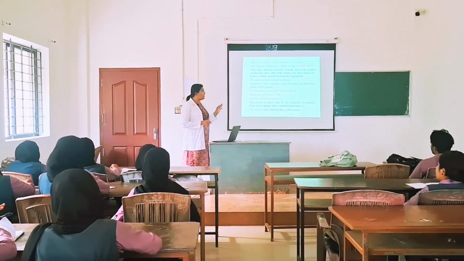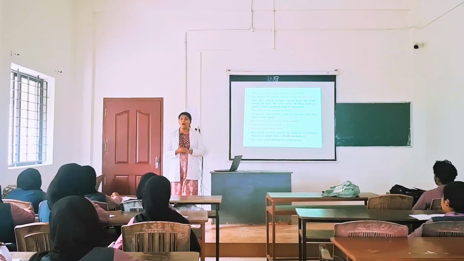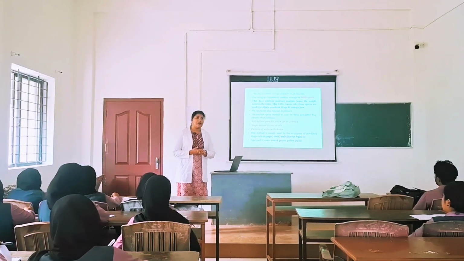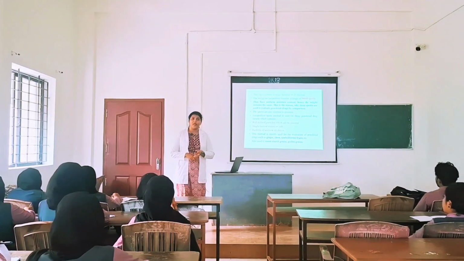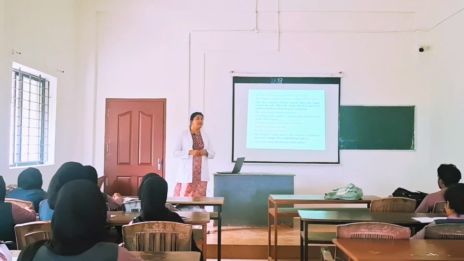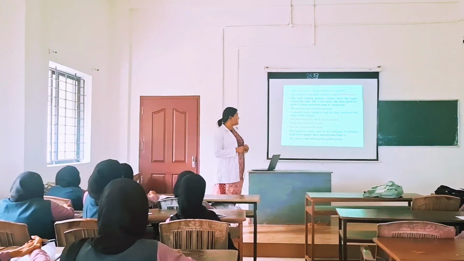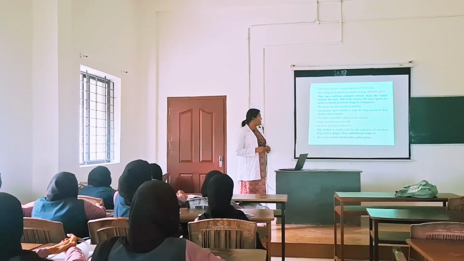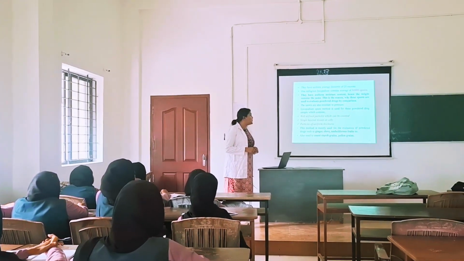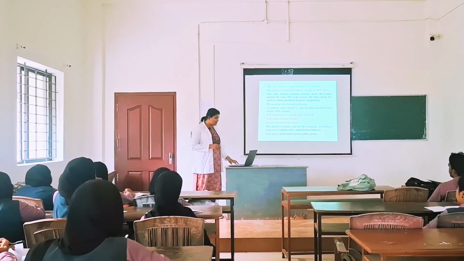This method is mainly used for evaluation of powder drugs, mainly ginger powder, clove powder, or umbelliferous fruits. Which are the umbelliferous fruits? Mainly fennel, cardamom, coriander. Also this method is used to count starch grains and pollen grains.